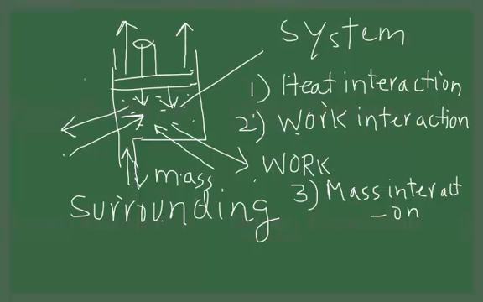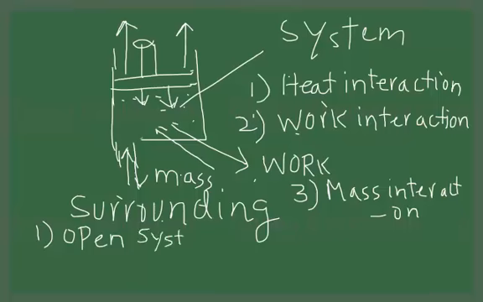So our first type of system is called open system. So first type is open system. In this type of system, all these three interactions 1, 2 and 3, including heat interaction, work interaction and mass interaction are possible between system and surroundings.